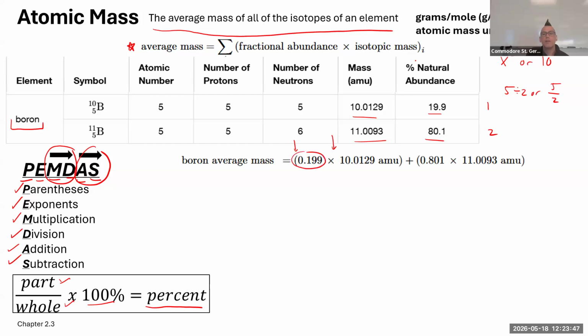That's the fraction. This is called the percent natural abundance. So we have to go from fraction to percent. Well, this to me looks like a fraction. So let's use this to calculate the fractional percent, or the fractional abundance.